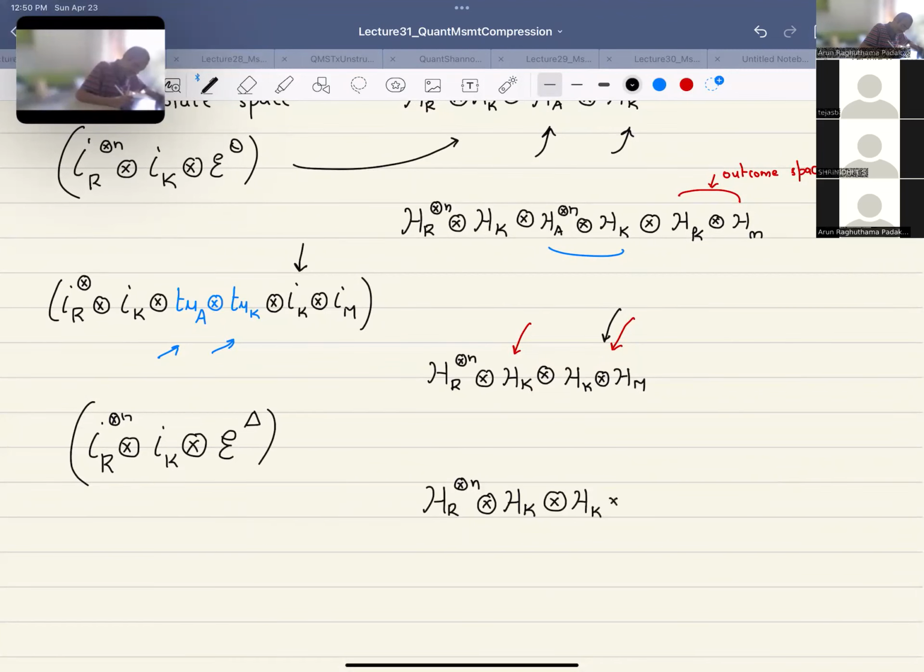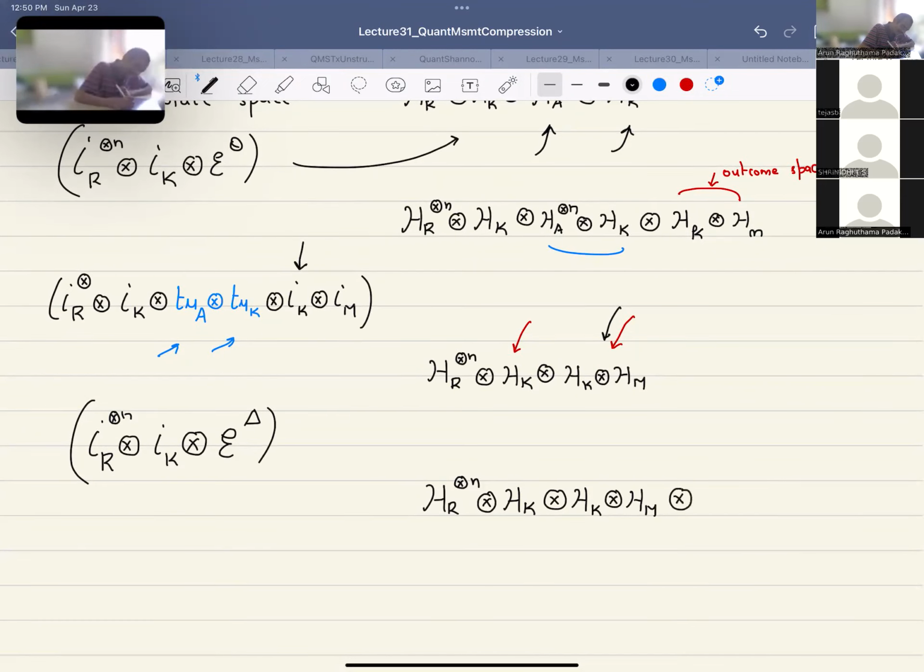Our convention is that when I do a measurement, that original space remains as is. We're going to trace it out after that. And then I'm going to have the new xn coming out. This is really my juice, right? So somehow we need this guy and this guy to be what it should be. That's the whole goal. So we have to trace out the rest of the things now, right?